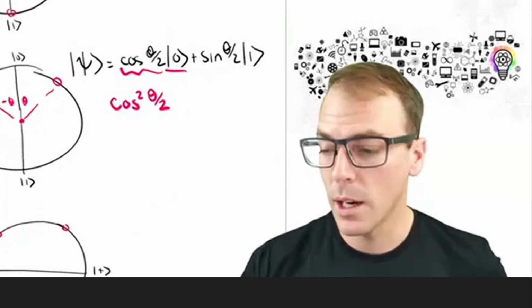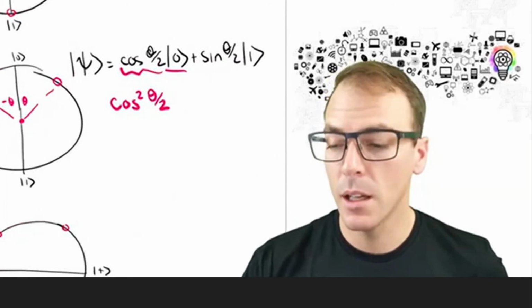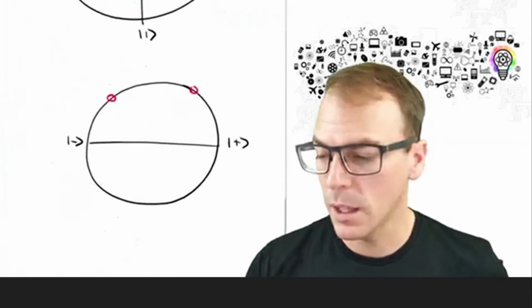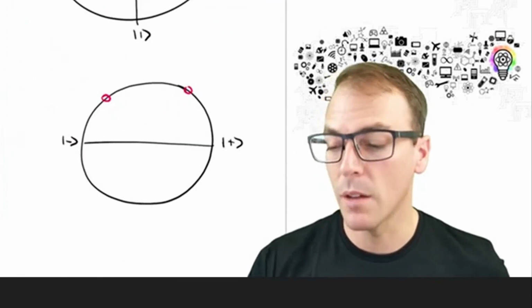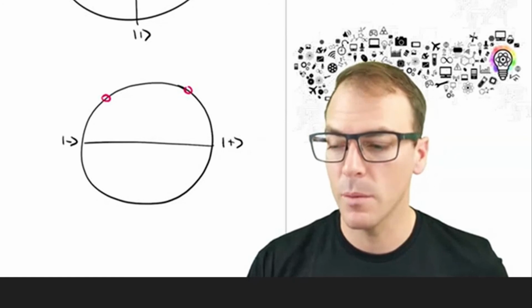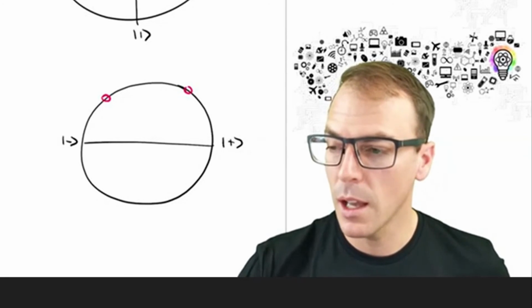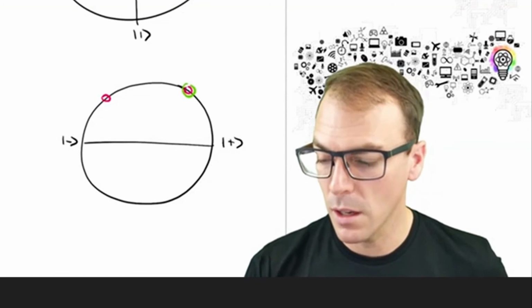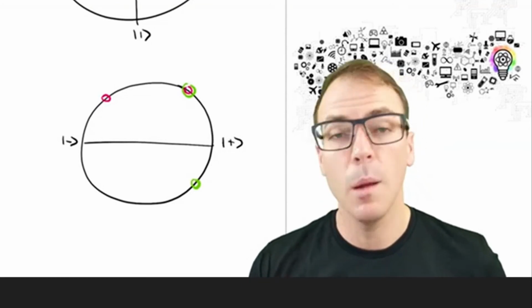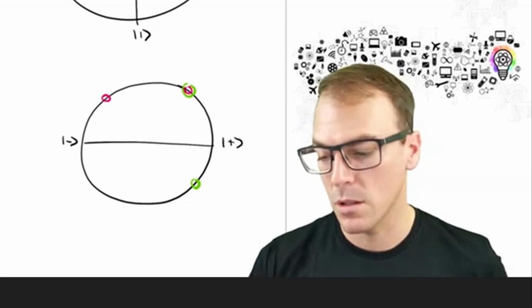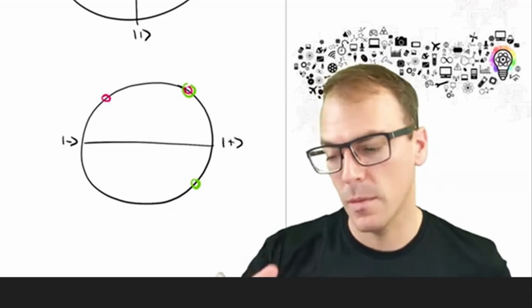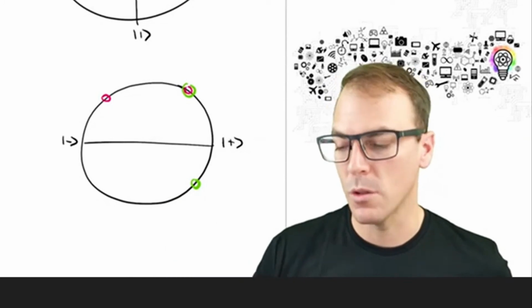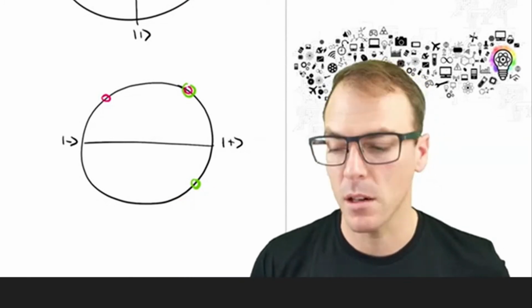I could rewrite this state up here in the plus and minus basis if I wanted to, but geometrically, I know that I'm going to get the distance to the plus state from this measurement. And I'll know that it's either that state or a state that's the same distance away from the plus state, which is the one opposite, reflected in the x-axis here.